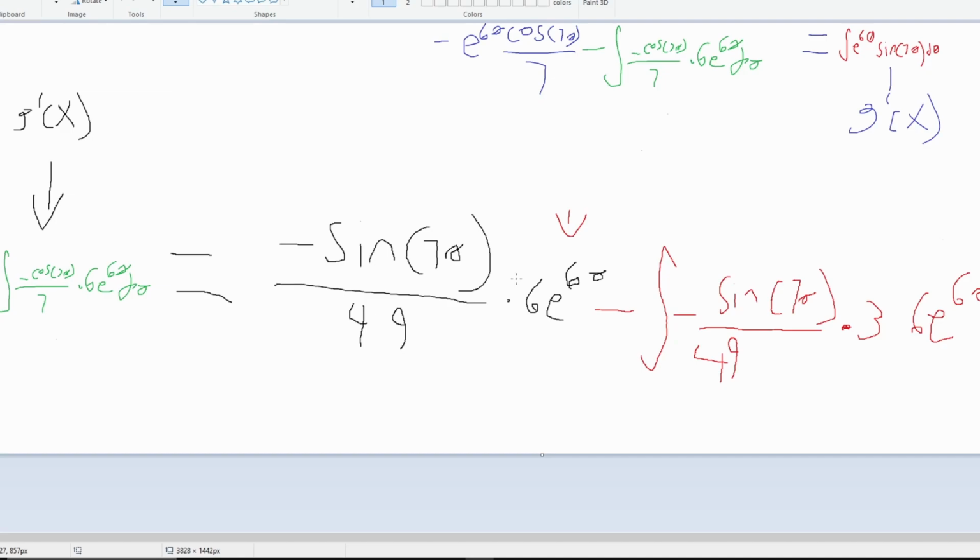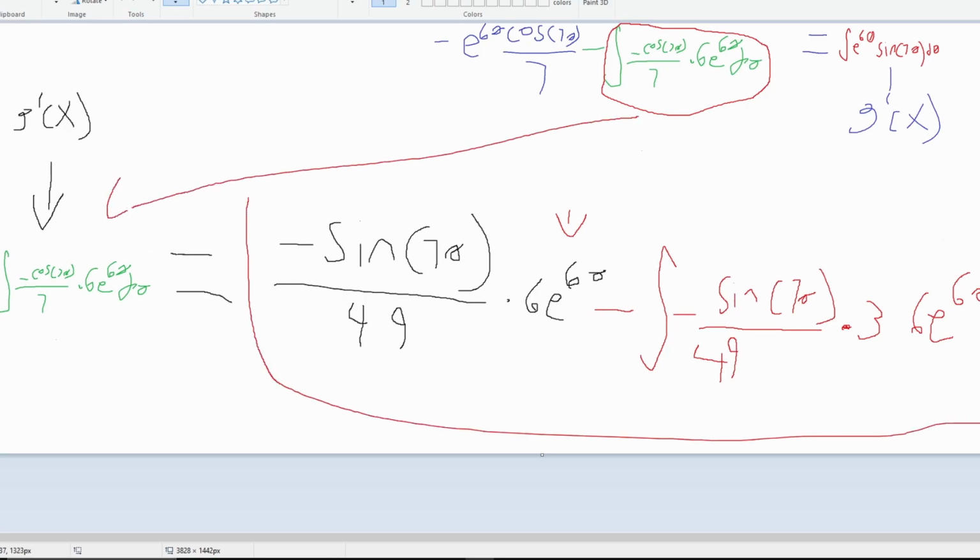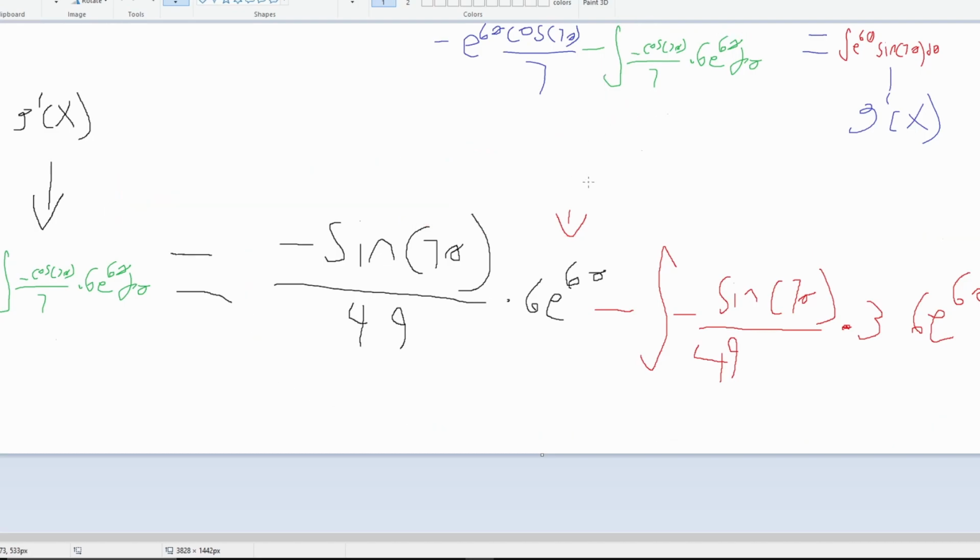We substitute this in. This, which we brought down here, exact same thing, is equal to all this. So we take all of this and we substitute it in. And I'll show you why this is going to be so powerful. Just wait.